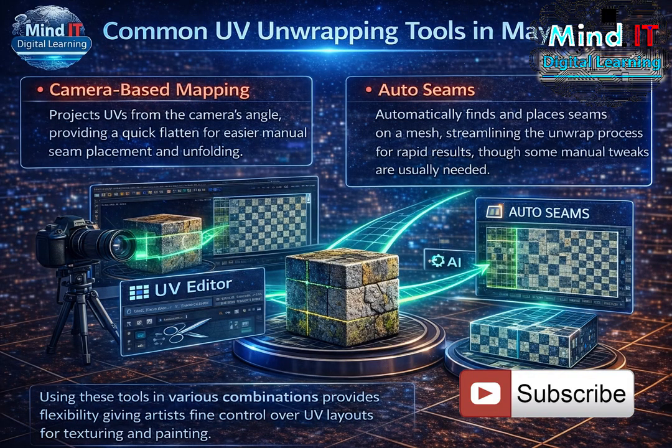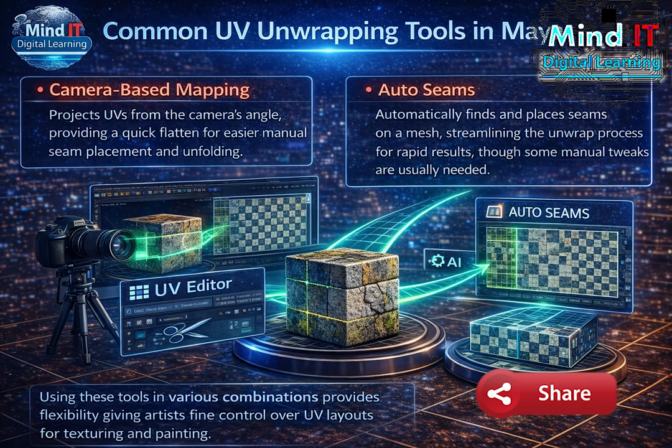Camera-based mapping projects UVs from the camera's angle, providing a quick flatten for easier manual seam placement and unfolding. Auto seams automatically finds and places seams on a mesh, streamlining the unwrap process for rapid results, though some manual tweaks are usually needed. Using these tools in various combinations provides flexibility for both hard surface and organic models, giving artists fine control over UV layouts for texturing and painting.